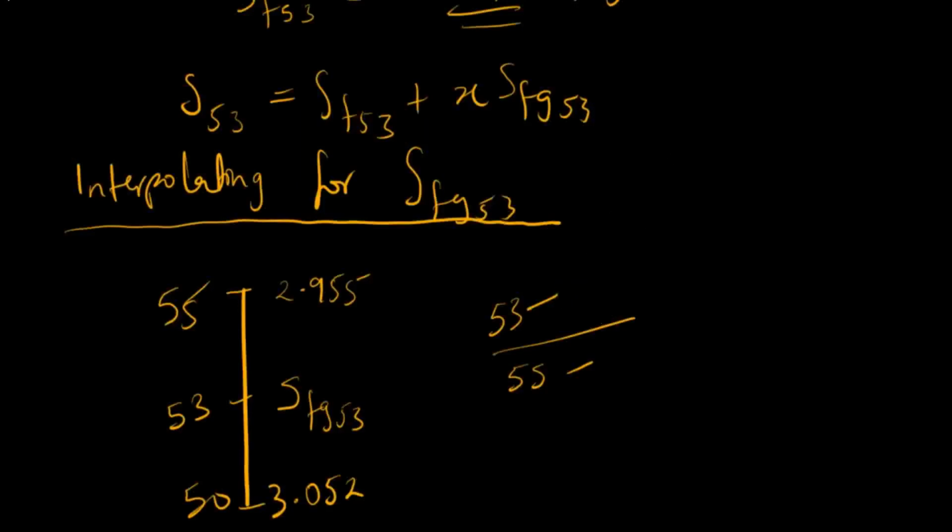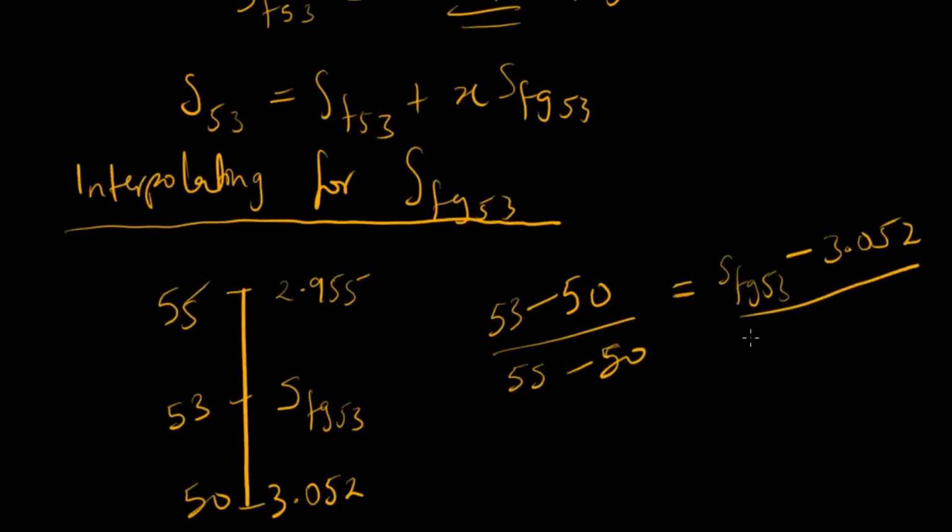So it is 53 minus 50 over 55 minus 50 equal to sfg53 minus 3.052 all over 2.955 minus 3.052.